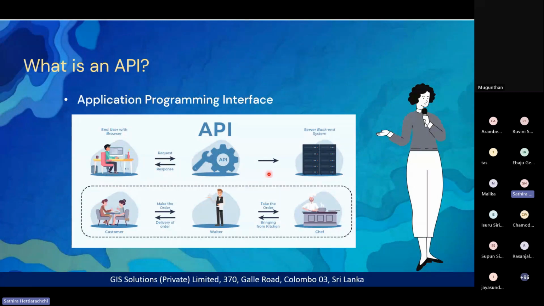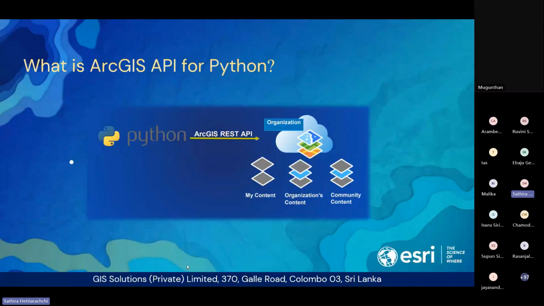Now let's look at what the ArcGIS API for Python is. We have these four terms: ArcGIS, API, and Python. I'm pretty sure y'all know the API now, and have a brief idea what API stands for. Python, most of y'all know, is a programming language.